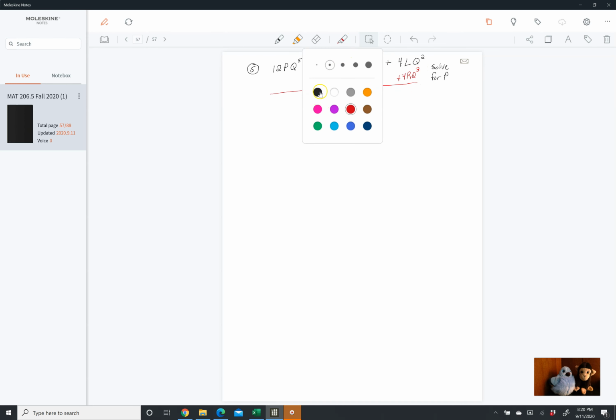So what are we left with here? Well, on the left, we only have the 12p q to the 5th now. Okay, which is what we want. Then we have 8r squared q to the 4th plus 4l q squared plus 4r q cubed.